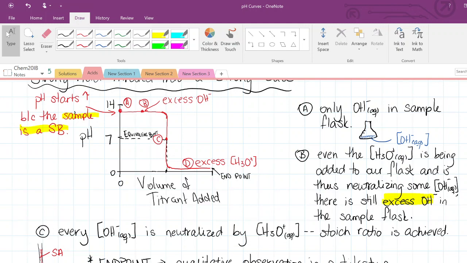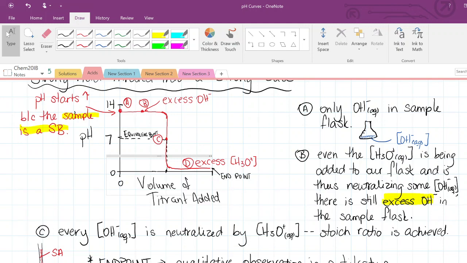Now, because we end up with excess hydronium, since the OH was neutralized but there's some excess hydronium that doesn't get neutralized, that's going to dip our pH down much lower than a pH of 7.